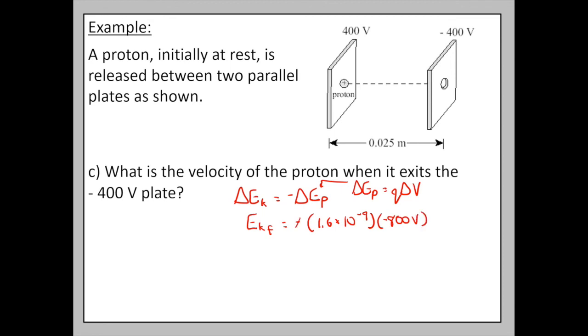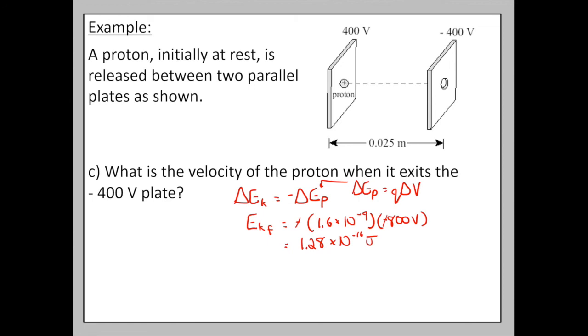Now you'll notice in this case I dealt with the negative signs, but I strongly encourage you, if you understand negative signs and what they represent in physics, which is almost always direction, either the direction of motion or the direction of transfer of energy, then you are more than welcome at some point to just explain the process that's going on here so that you don't make a mathematical mistake with these negative signs. If you ended up with a final kinetic energy that was negative, that should be the red flag to let you know that you've made a negative sign error somewhere. But we now know that this magnitude is actually 1.28 times 10 to the minus 16 joules.